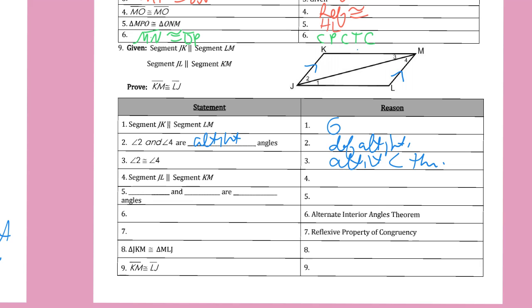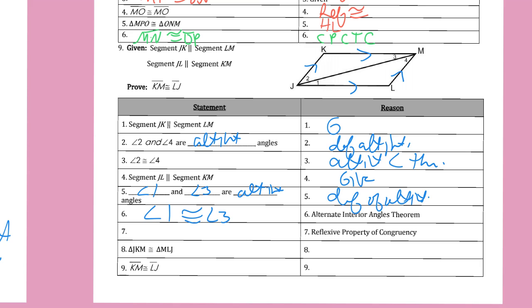So these two lines are also parallel. That means that angle 1 and angle 3 are also alternate interior. Why? Definition of alternate interior, given. And then that means that angle 1 and 3 are congruent. Why? Alternate interior angles theorem.